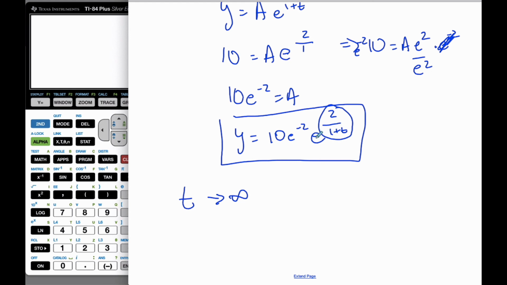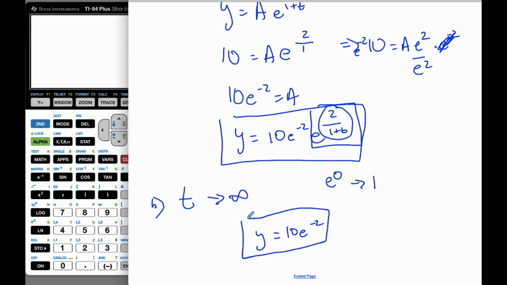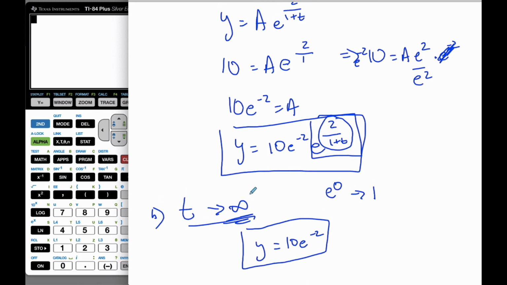And so e to the power 0, which we know is 1. Anything to the power 0 is 1. And so after a very long time, y will end up going to 10 e to the minus 2. This is where it will tend to go when t gets very large. Analyzing these kinds of things when t is large is an important skill that you'll see, especially in the next chapter.